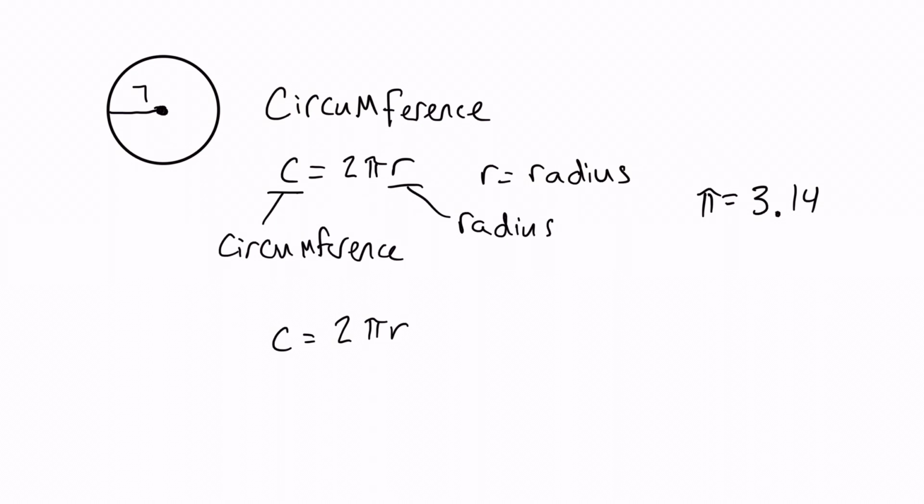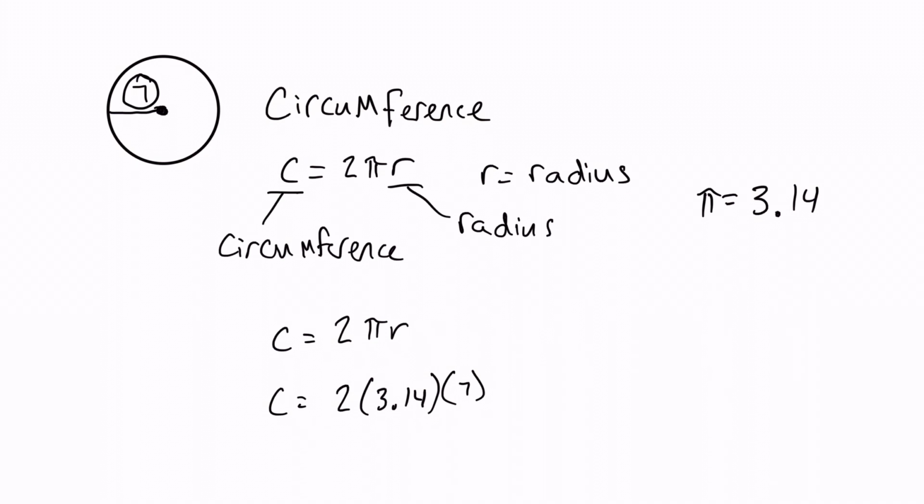The pi value, however, will now become 3.14, and that's going to be multiplied by 2. And our last value is also being multiplied. That's our radius, and that's represented by this value of 7. So that tells us our radius is 7. So my equation should read c, or my circumference, is equal to 2 times 3.14 times 7.